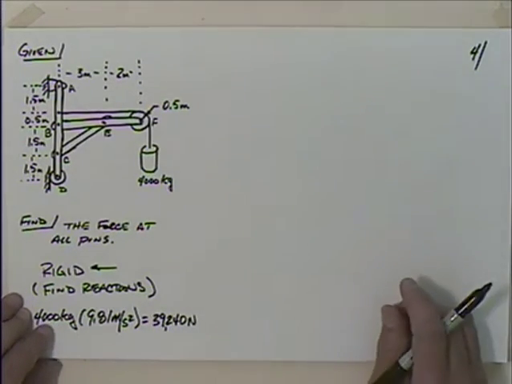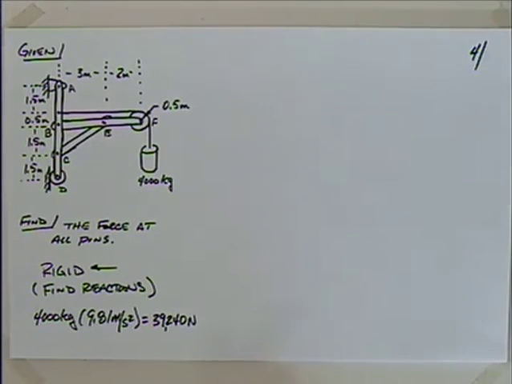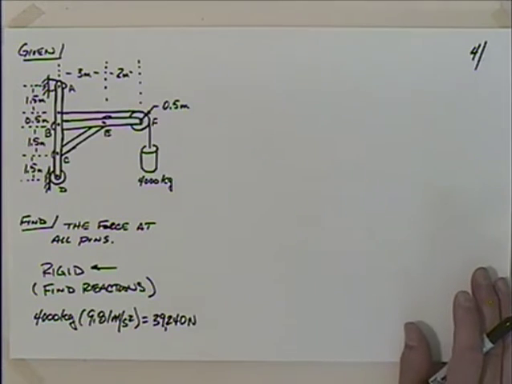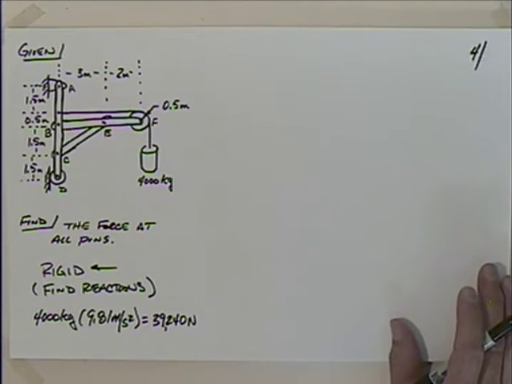You might say 39 or 40 kilonewtons, but I'll just work with that number. I've got too many significant figures, but so that you can follow along, I'll leave that, and we'll tidy up our final answers.